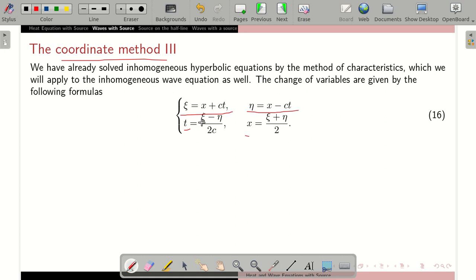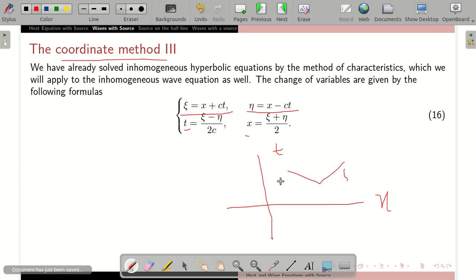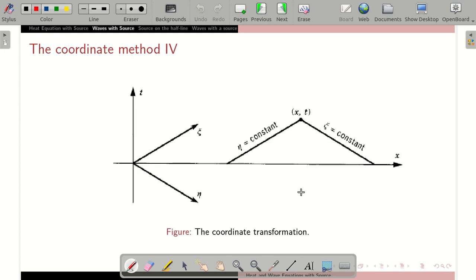You get t equal to (xi minus eta) by 2c and x equal to (xi plus eta) by 2. So x and t are the original variables, and xi and eta are the new ones. I will show in the next figure.